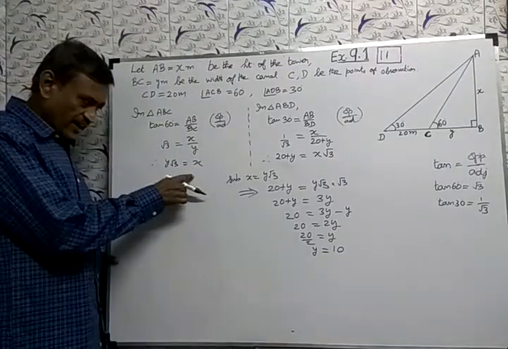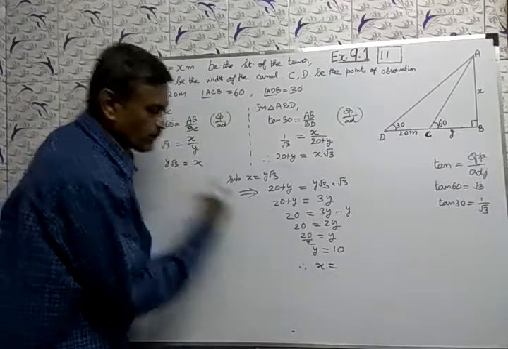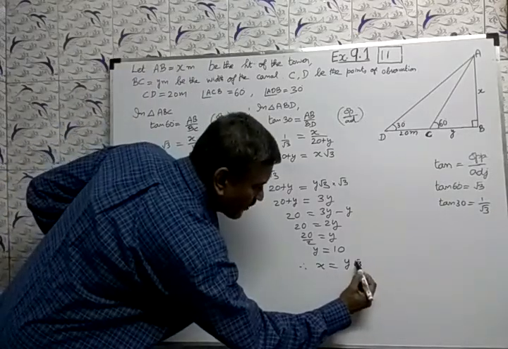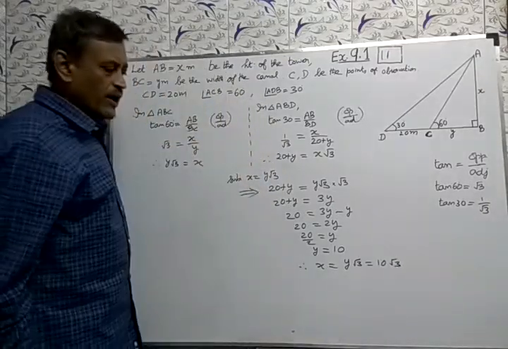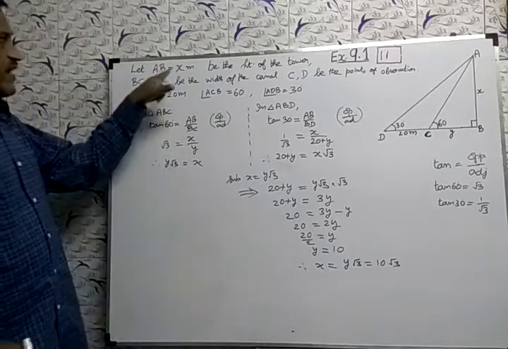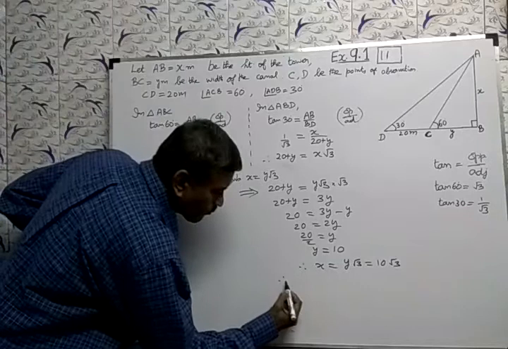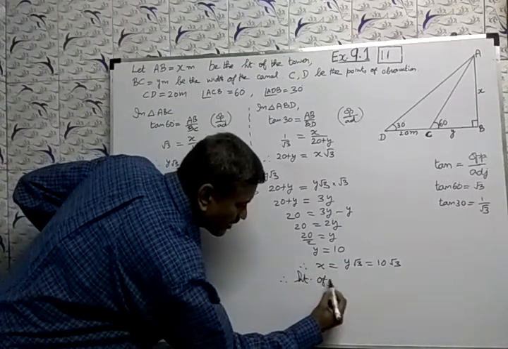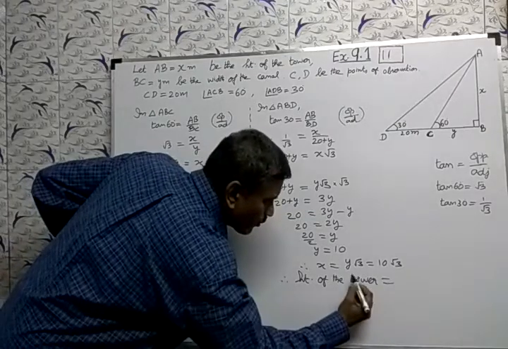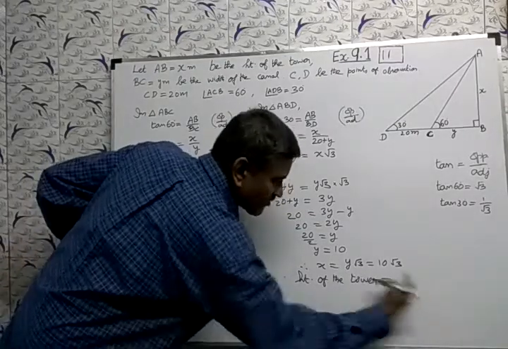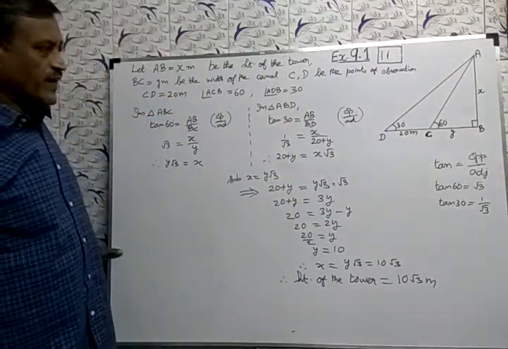Then we can substitute to get x. x equals y root 3, and with y equal to 10, x is 10 root 3. So x and y are found. x is the height of the tower. Therefore, the height of the tower equals 10 root 3 meters.